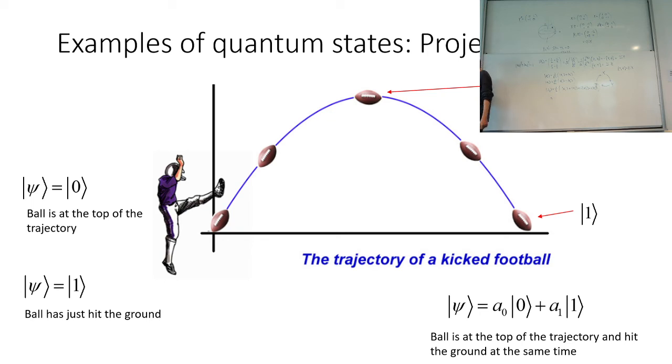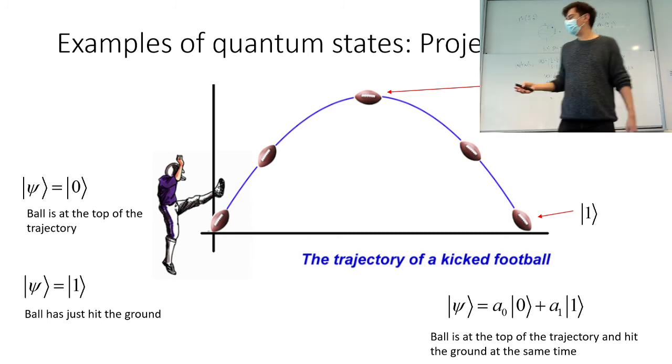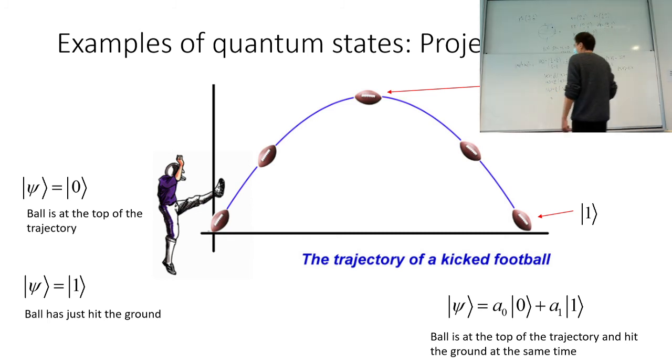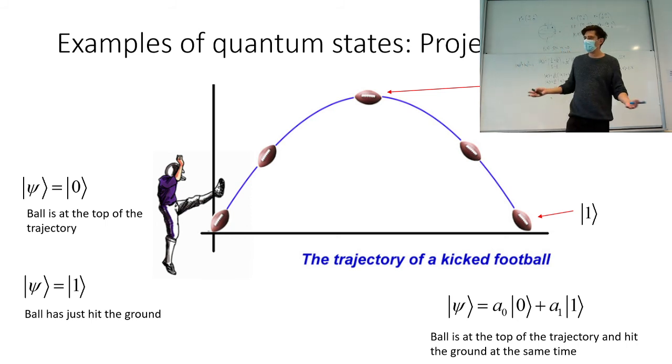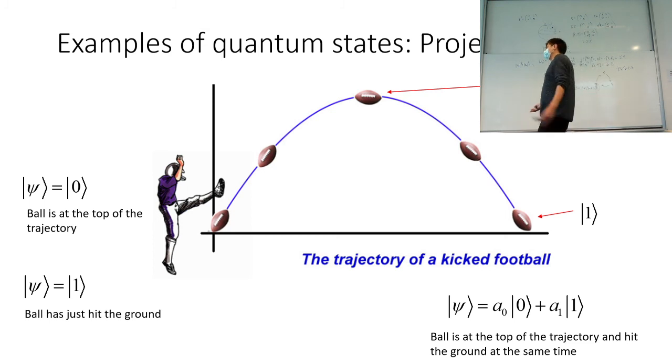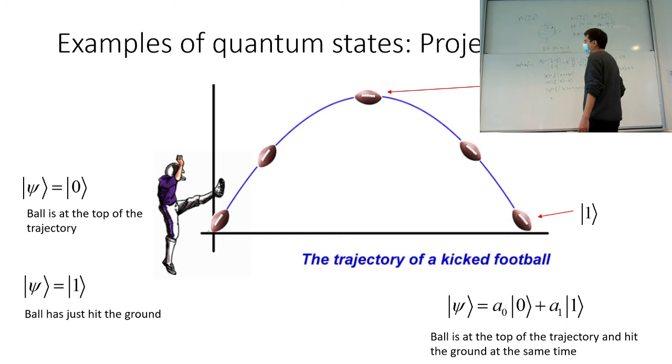And if you had some combination here, what that would be saying is that the ball is simultaneously here and here at the same time. And that's also an allowed state of quantum mechanics. In practice, it's quite difficult to see that, but it's allowed by the laws of quantum mechanics.